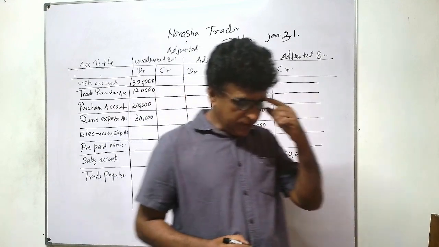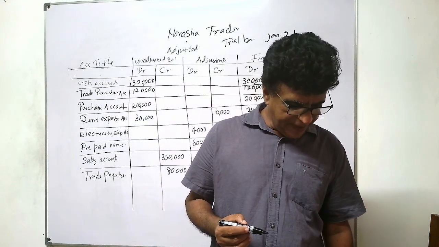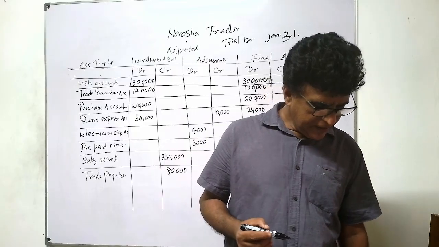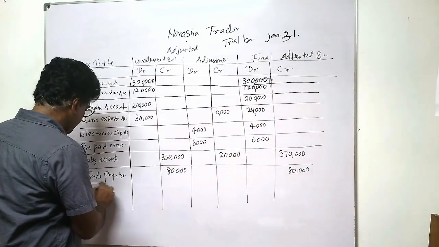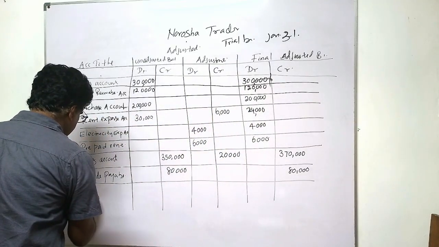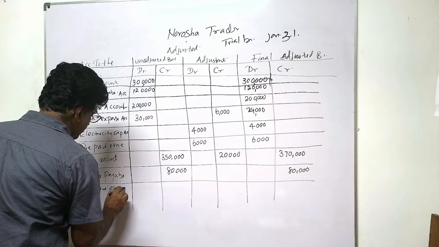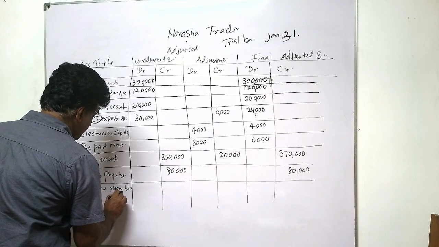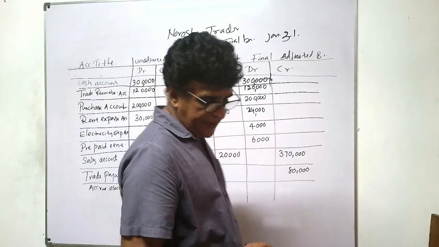That is 80,000, right? And the accrued electricity bill, that is a liability, accrued electricity bill account, right?